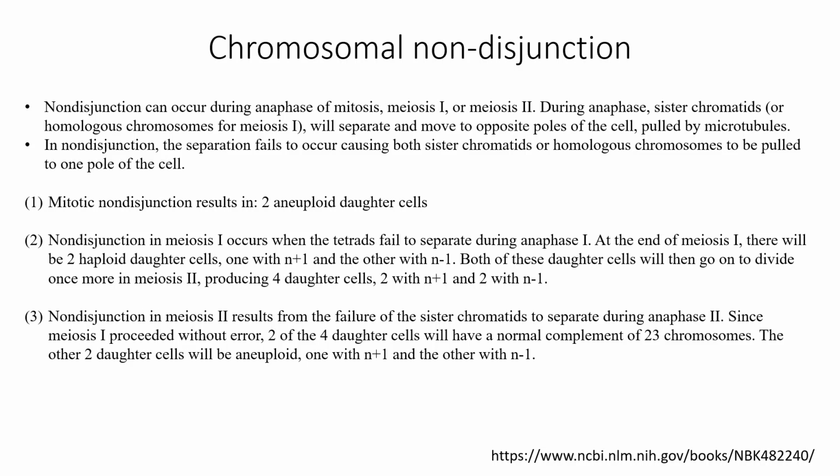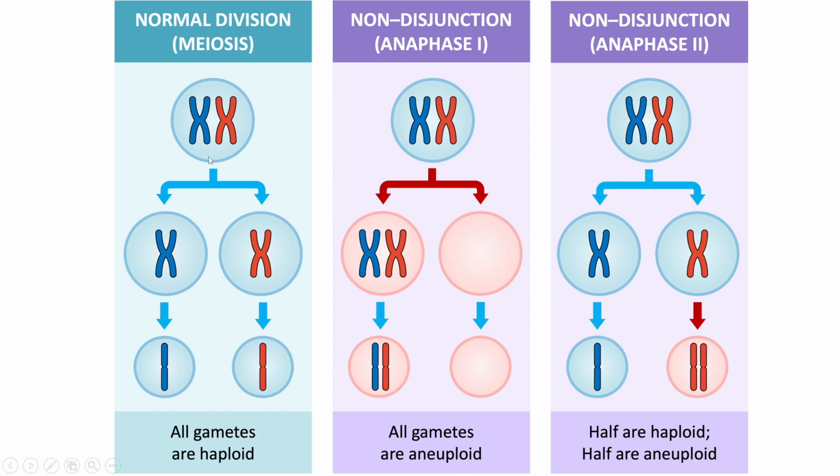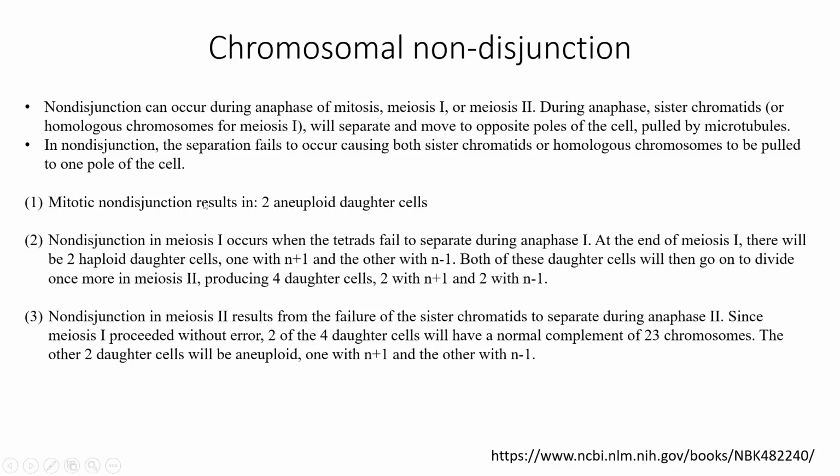During anaphase, the sister chromatids, or in the case of meiosis 1, the homologous chromosomes, typically will separate and move to opposite poles of the cell, pulled by microtubules. As you can see here in the meiosis process, this is normally what you have, and then you have all these gametes coming out evenly haploid. In non-disjunction, this separation fails, and both sister chromatids or homologous chromosomes can be pulled into one pole of the cell. So what can happen?